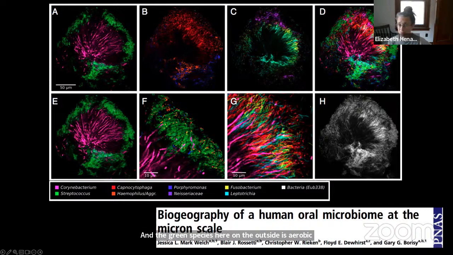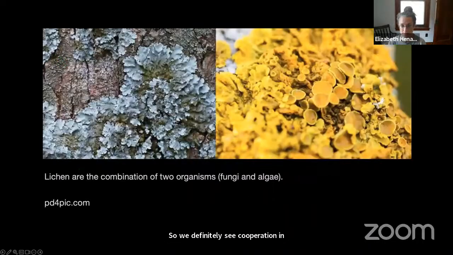So there's a three-dimensional assembly of these two species in which the green species is consuming all the oxygen, creating an environment for the purple species to be able to survive. So we definitely see cooperation in the assembly of microbial communities.